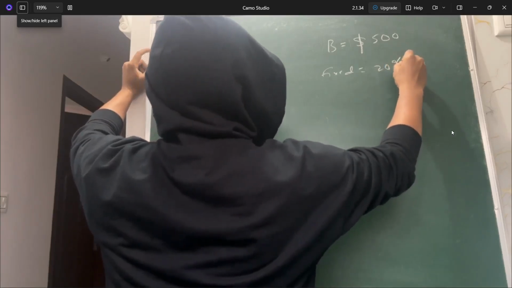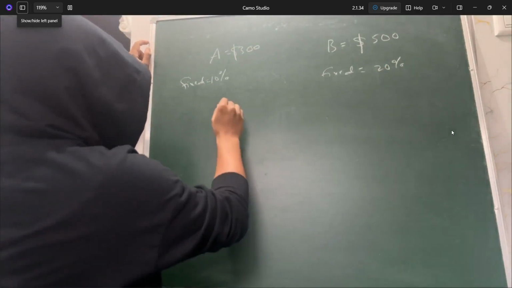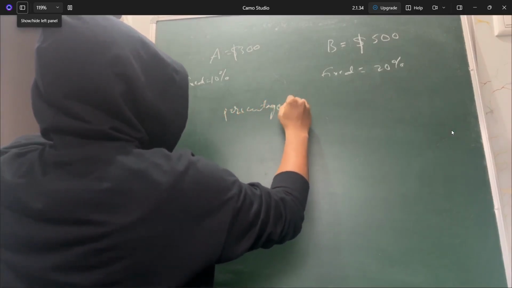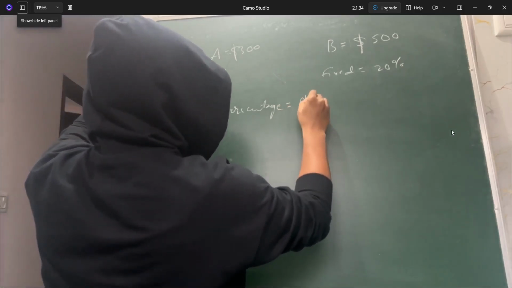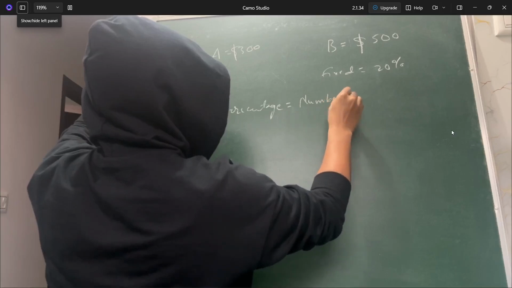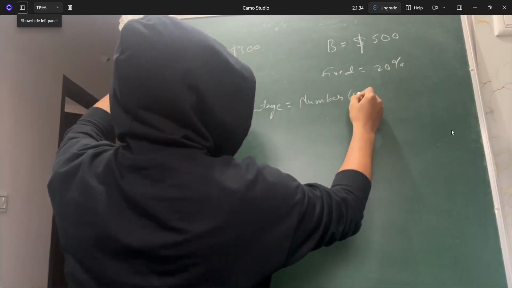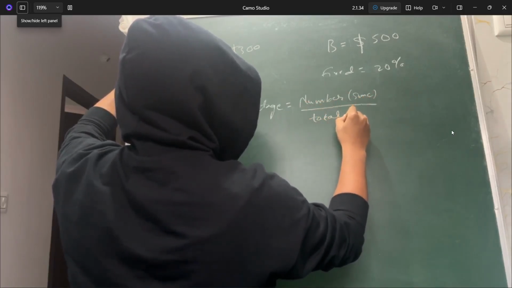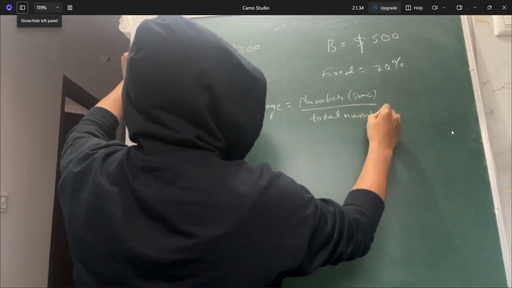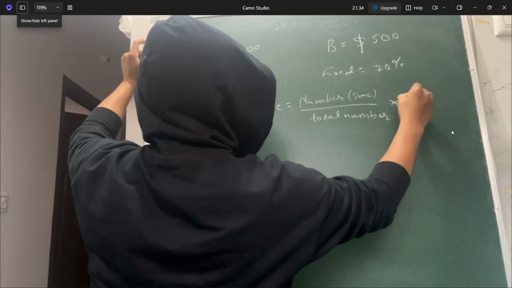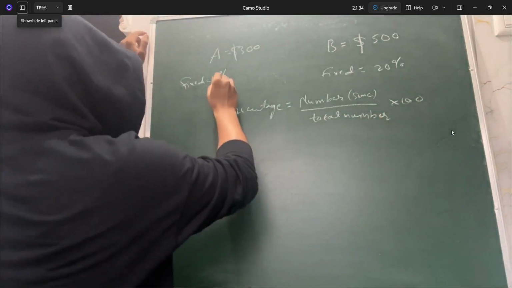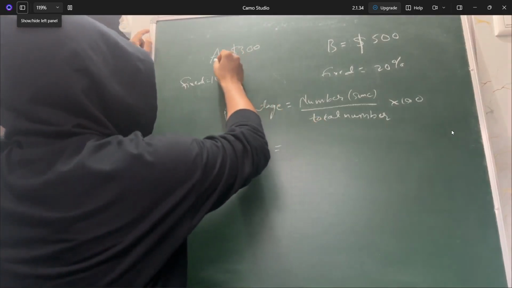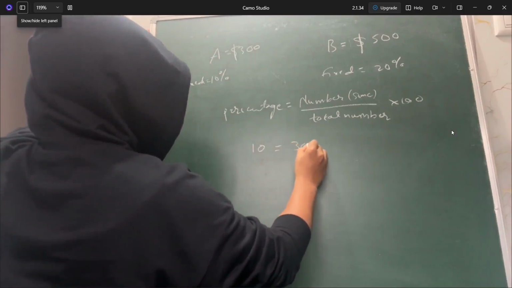Okay, so we know in mathematics percentage is calculated as some number divided by total number into 100. Here the percentage of the company is 10%, and A is giving $300.